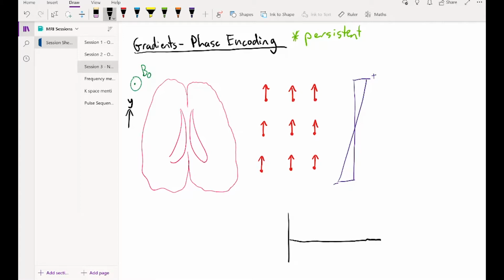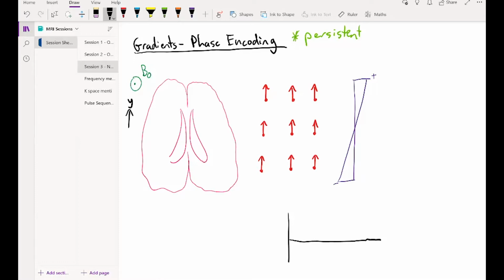So what we do instead is we use a separate kind of spatial encoding by encoding phase into our spins in the y direction. And again, this is convention. You might find applications where frequency encoding and phase encoding are switched, but for the purposes of this course, those are not very common.